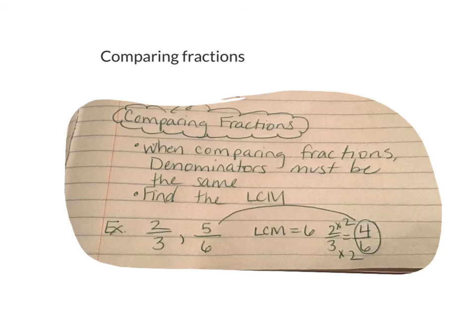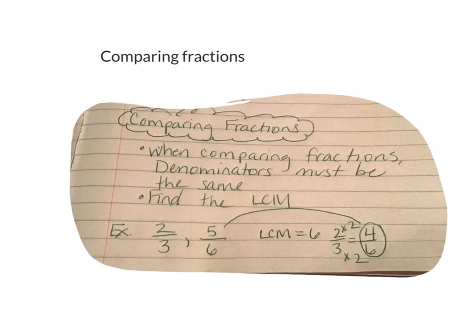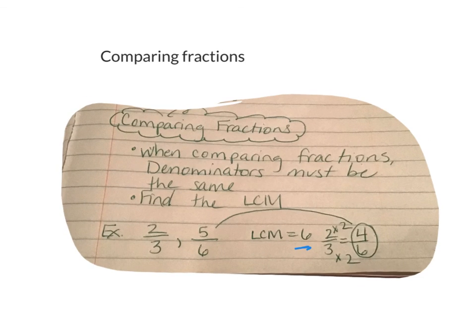So 2/3 and 5/6, I know that 6 is the lowest common multiple, so I don't have to change anything with this, but I do have to change 2/3 to a different fraction. And I know that 6 is going to be the lowest common denominator. What did I multiply? By 2. So whatever you do to the bottom, you have to do to the top. So 4/6. Now I can compare the two fractions. So 4/6 and 5/6. 5/6 is going to be bigger.